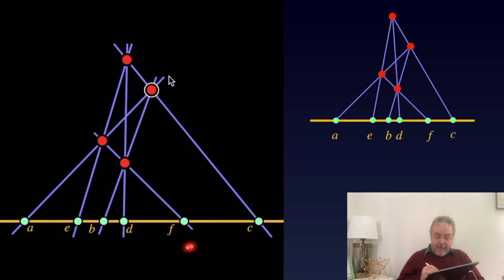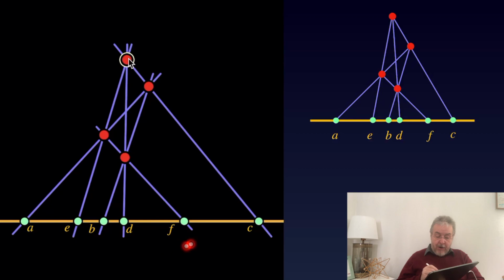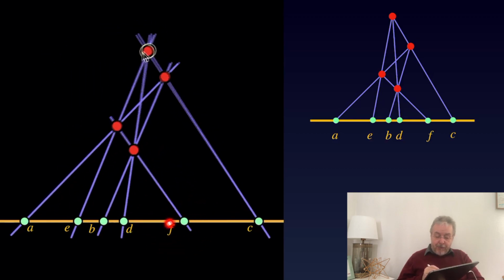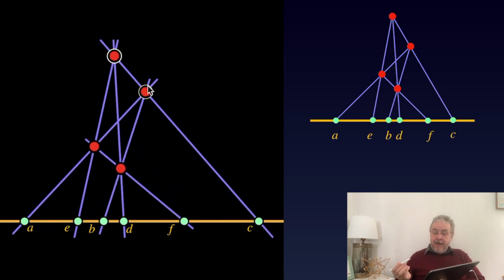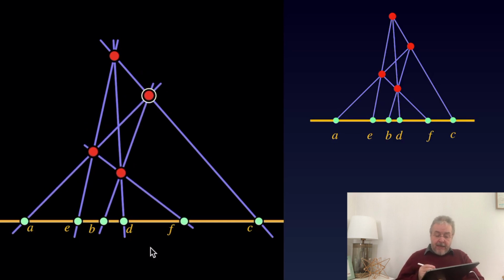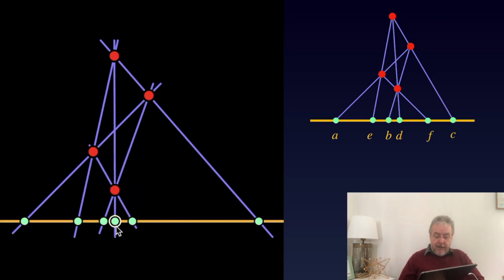It was completely dependent on our construction, but its position simply doesn't move. It's completely independent from the rest of the construction. The only thing it depends on is the position of all the other green points. So if I start to move the other green points, you see point F moves immediately.